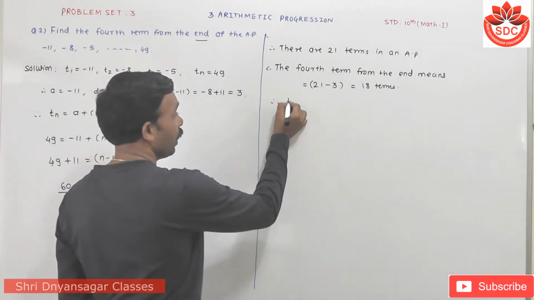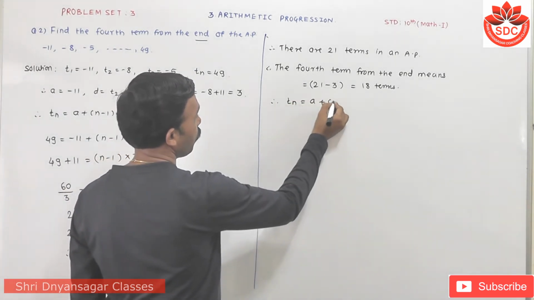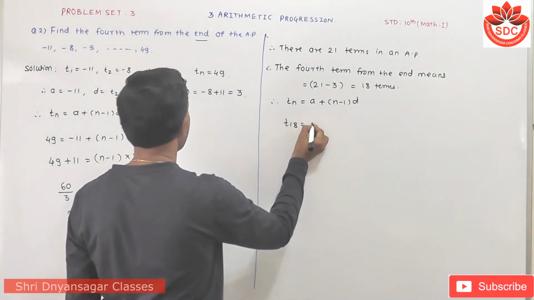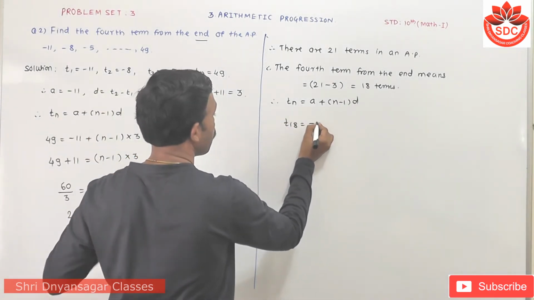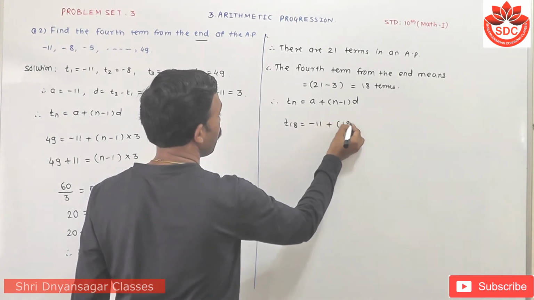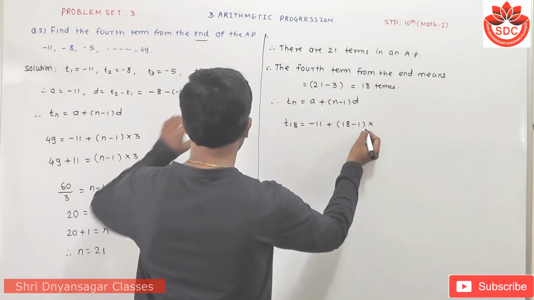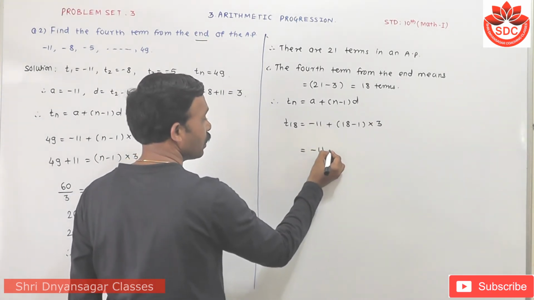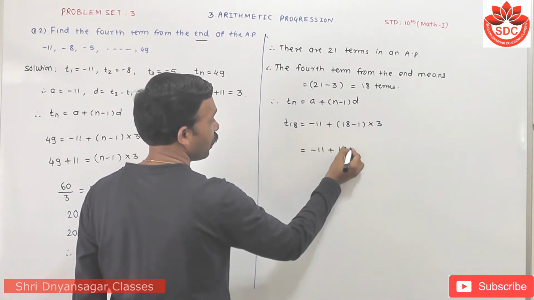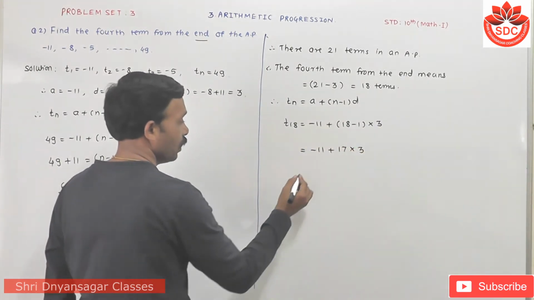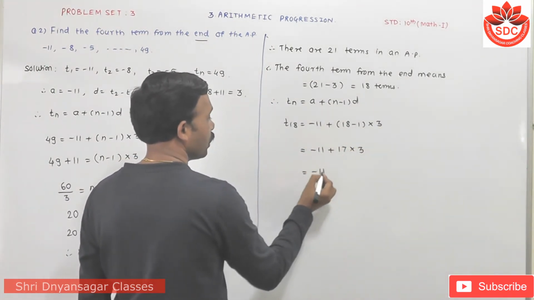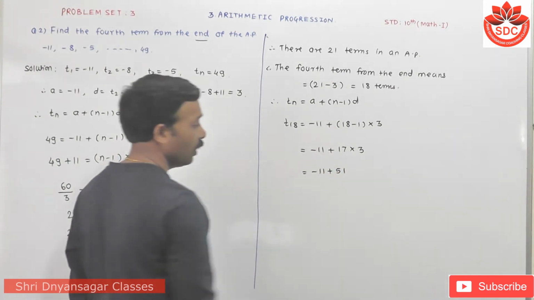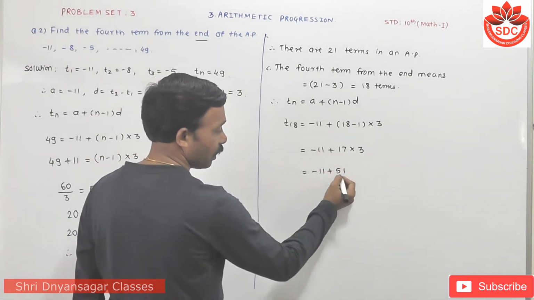So Tn is equal to, again using A plus (N minus 1) into D, T18 is equal to A, which is how much? Minus 11, plus N, which is 18, minus 1, and D is how much? 3. Then T18 is equal to minus 11 plus 17 into 3, minus 11 plus 51. 17 threes are 51.